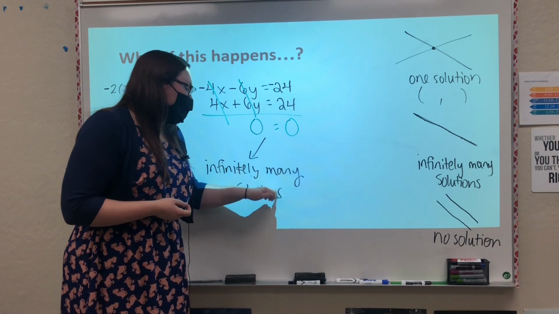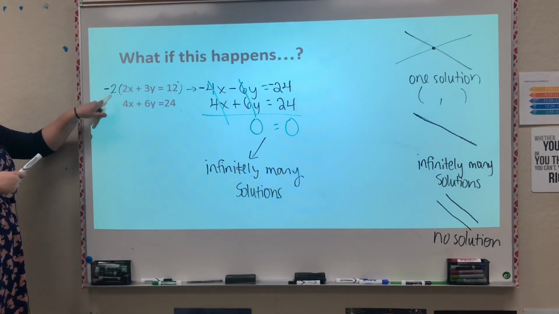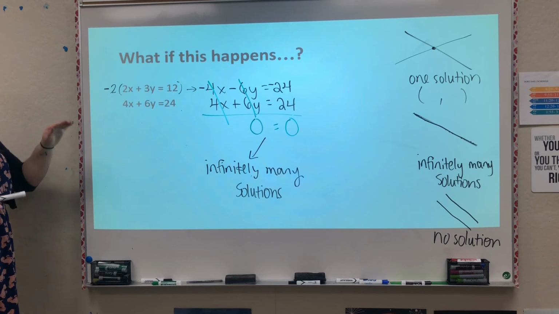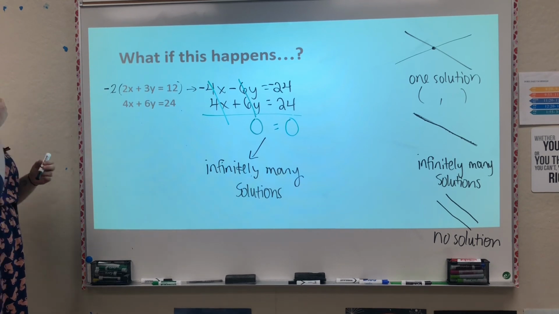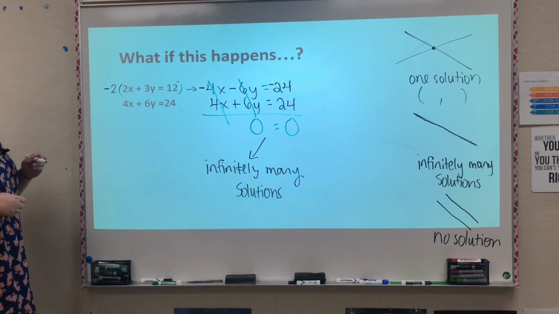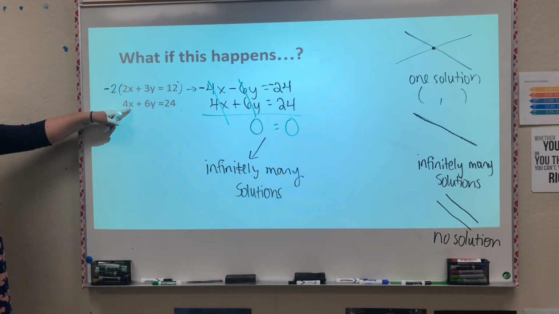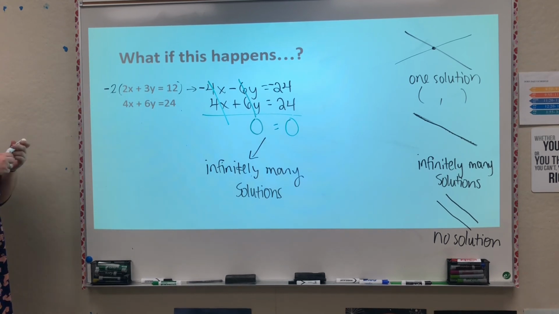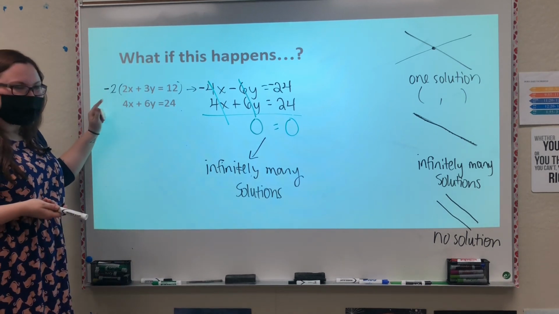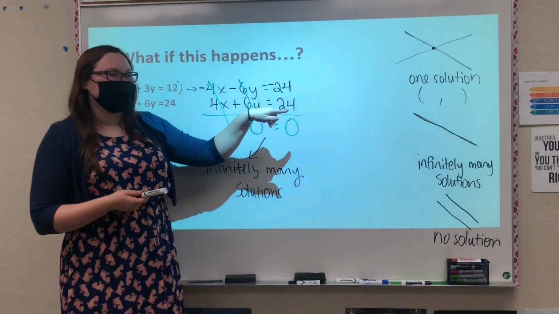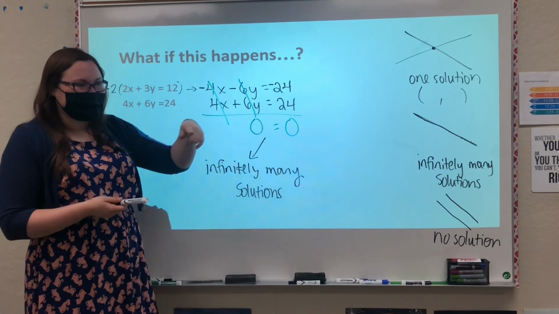Now I want to point out one other thing for this one. Originally when you multiplied this equation by 2 and not -2, do you remember what you got? The exact same thing. What you saw in that moment is that they're the same equation. I literally had over here 4x plus 6y equals 24, 4x plus 6y equals 24.